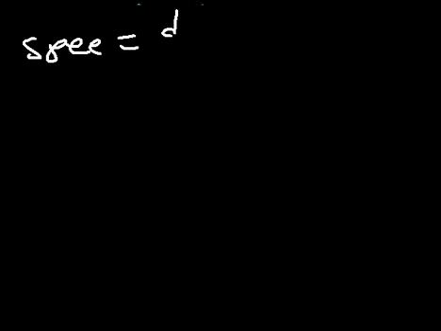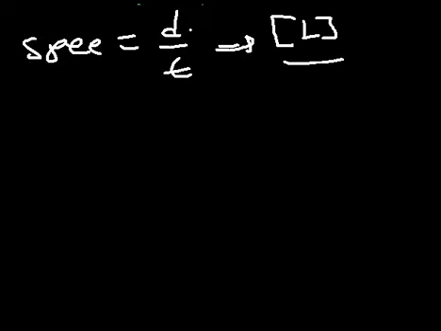Now a speed is given as distance over time, of which the distance corresponds to length and the time corresponds to time. So what are the dimensions for the speed? The dimensions for speed will be given as the square bracket of length divided by the square bracket of time. So that's the measure of the speed.